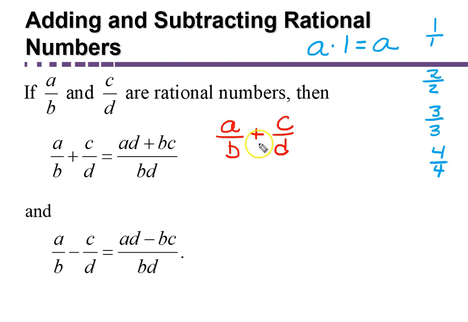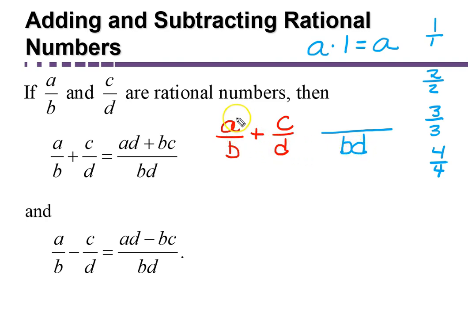So we want to make this term into a term with our common denominator. Now our common denominator would have to contain a B and a D, because these are the denominators of our individual fractions. Now how do I make this term here with a denominator of BD?